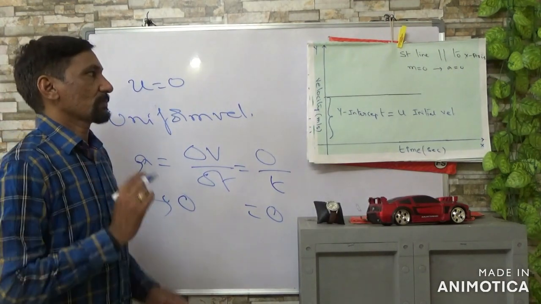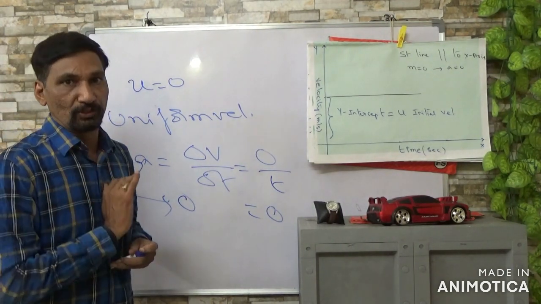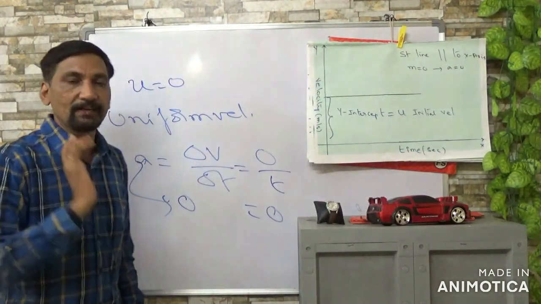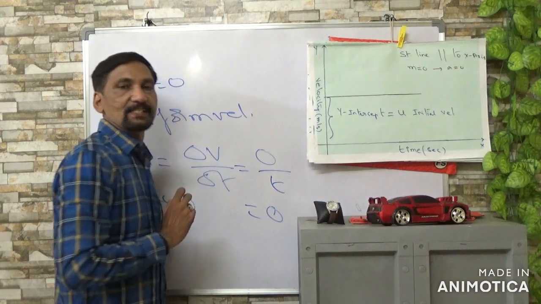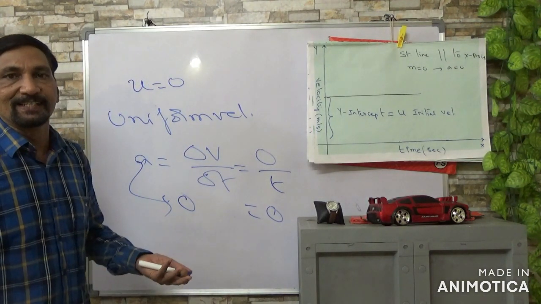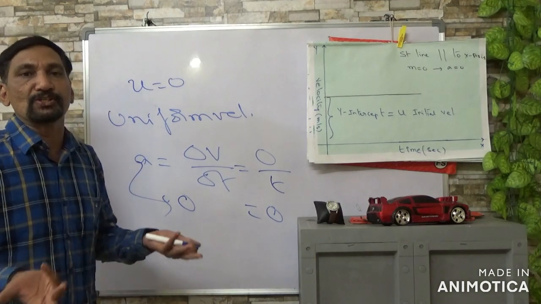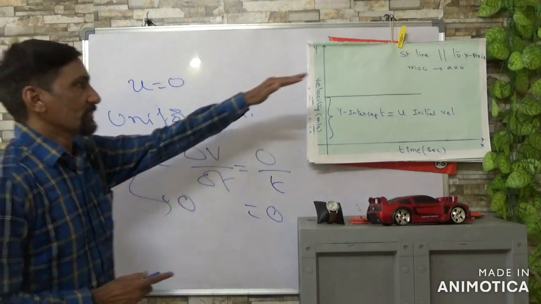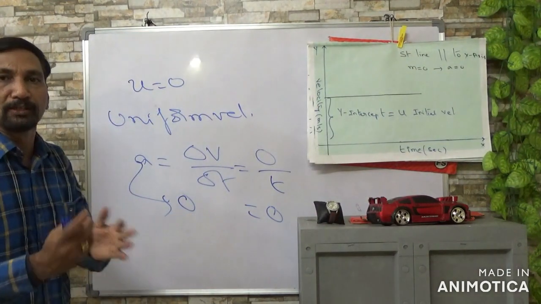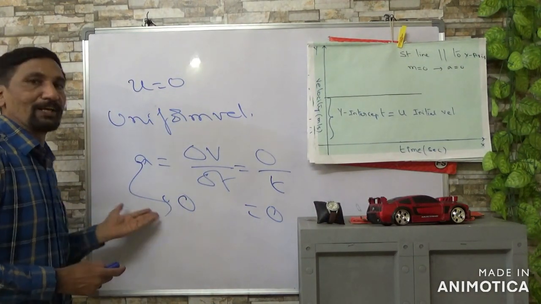Next, about the nature of the graph. You can notice that it is a straight line, parallel to x-axis. Whenever a straight line is parallel to x-axis, the corresponding slope is 0. So it is a straight line and its slope is 0. Here slope is nothing but acceleration only.